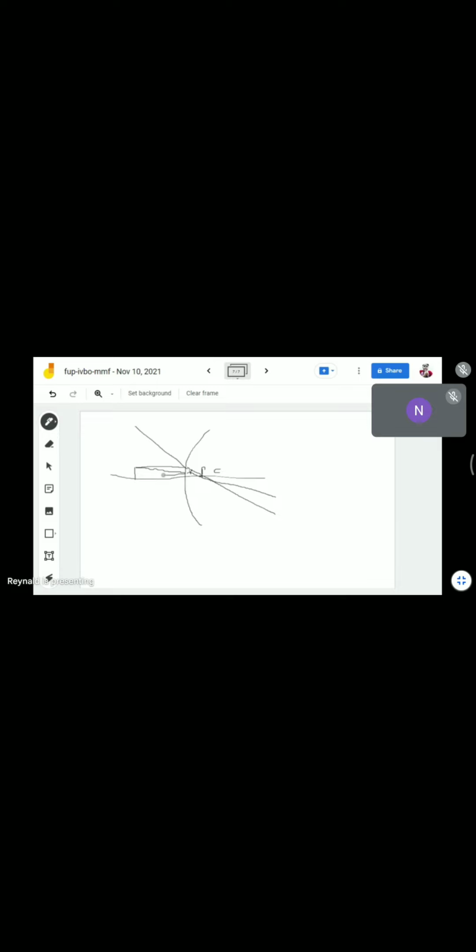So this is the parallel ray. And the CC ray is a ray of light traveling through the center of curvature, reflecting on its own path. And then the V ray.